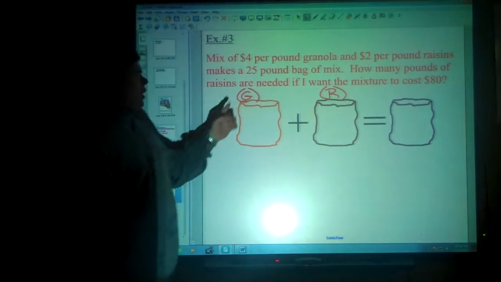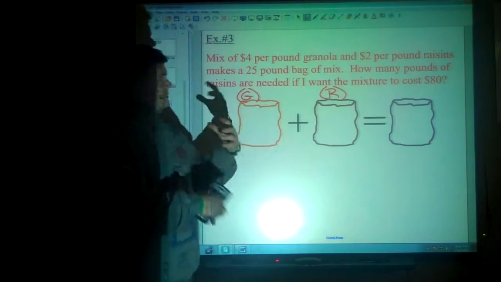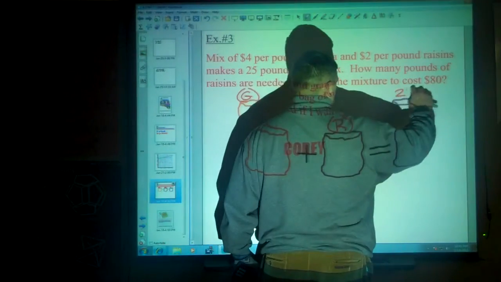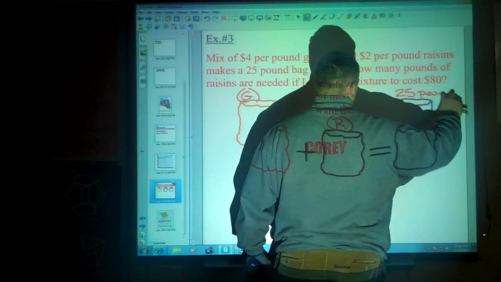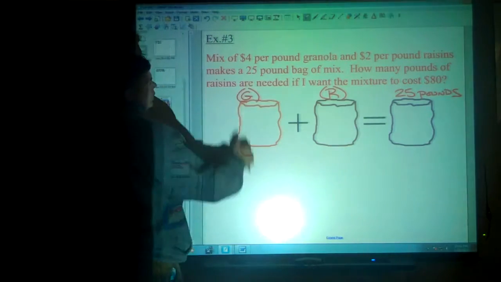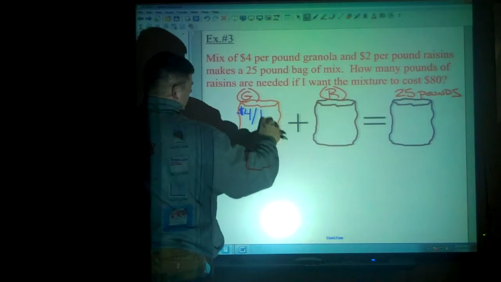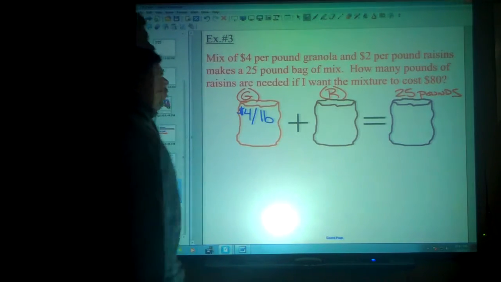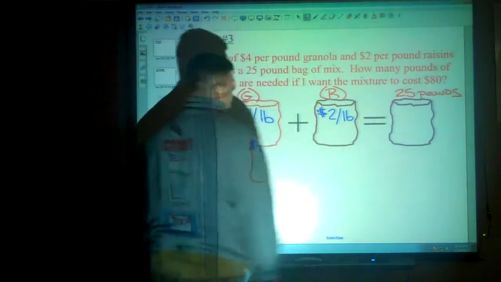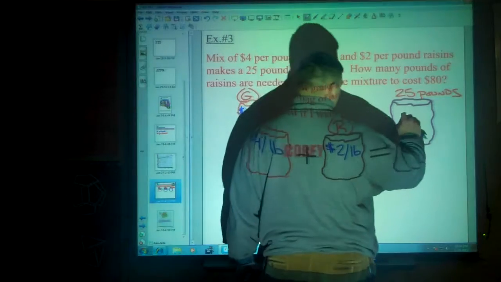If we take all the pounds of granola and add it to all the pounds of the raisins to make the mixture, it's supposed to be 25 pounds. Okay? We know the costs. The granola is $4 per pound. The raisins are $2 per pound. And we know when we're done, we'd like it to make a total mixture that costs $80.